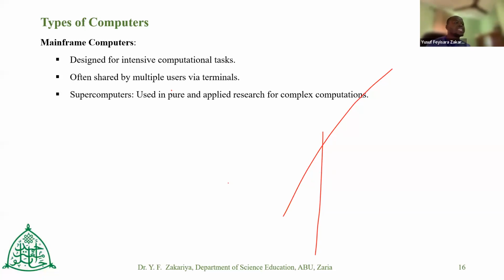So mainframes are designed for intensive computational tasks. They are often shared by multiple users via terminals. And we have supercomputers among them, purely used in applied and complex computations. You can find them in some top research institutes.